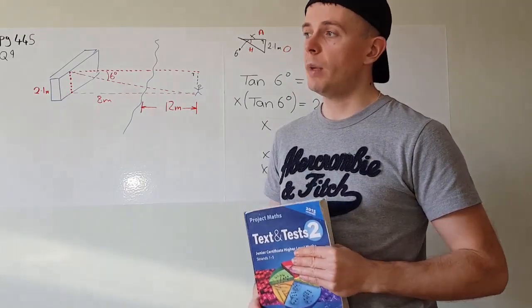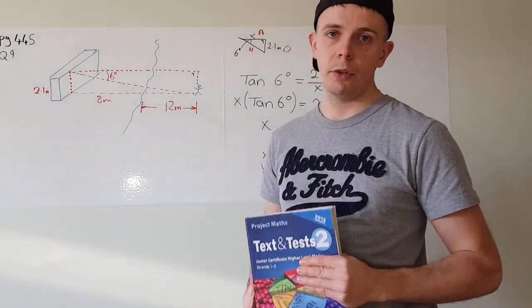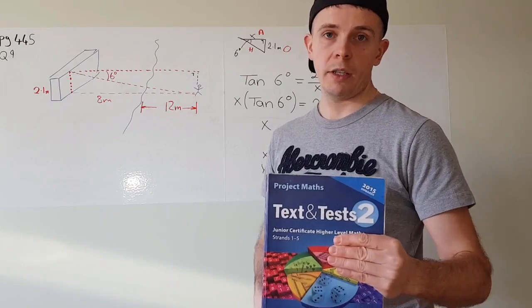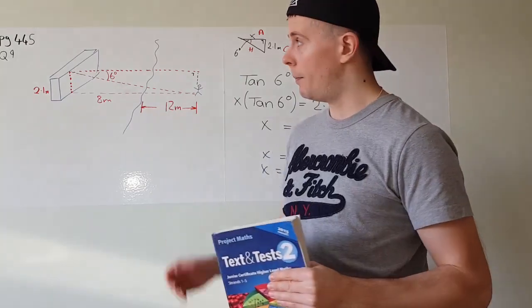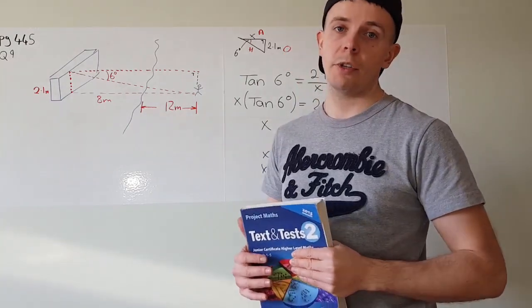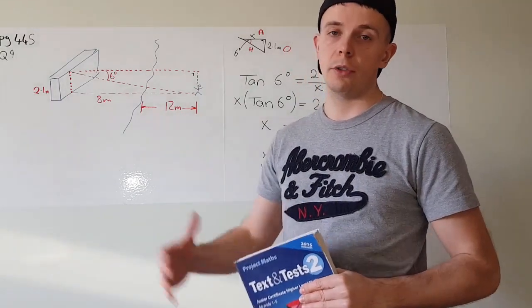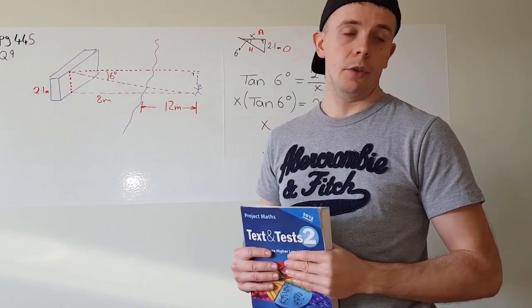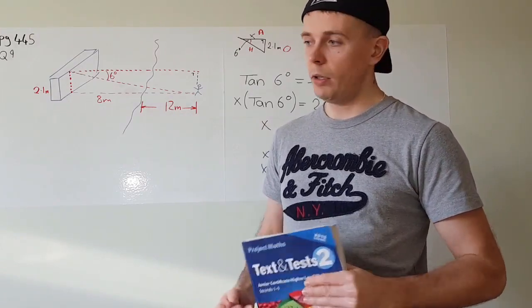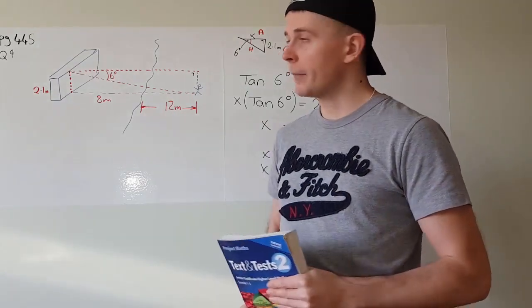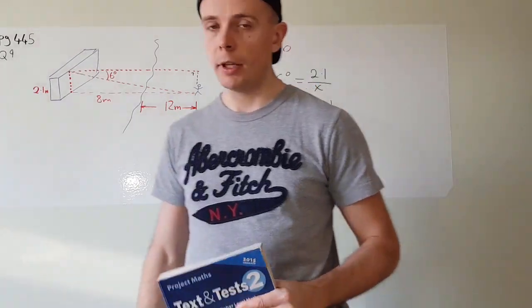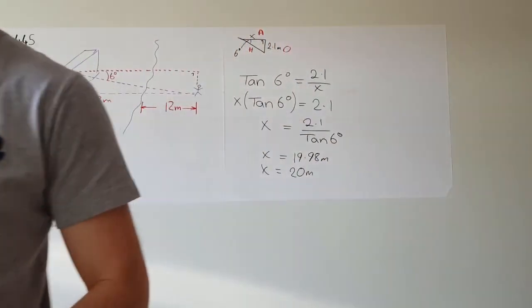The class is a mix of higher and ordinary level, so we'll be doing some ordinary level stuff too, but it's out of your Text&Test 2, the higher level book. At the minute we're working on trigonometry, so we'll be doing a few exercises out of the book and also out of your exam papers. If you happen to be flicking by and tune in, welcome. Have a look and learn something, hopefully.